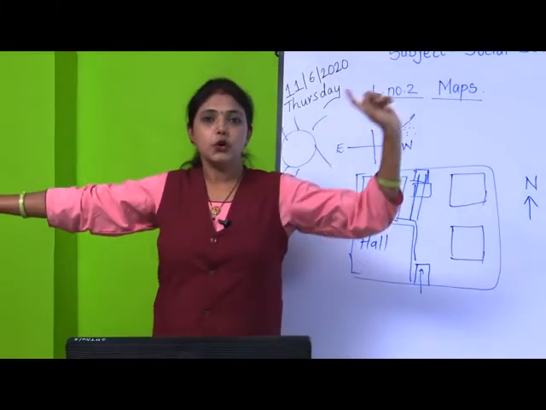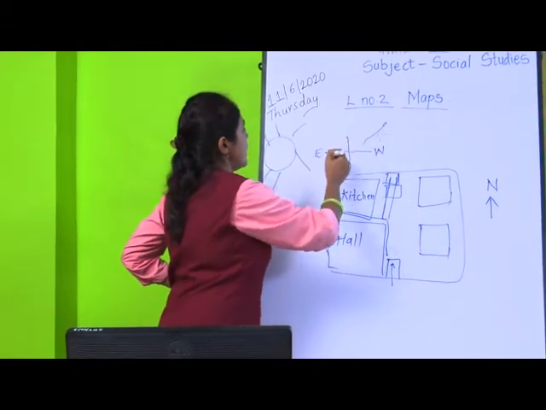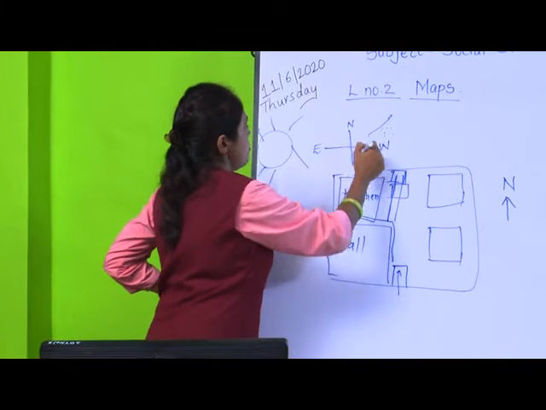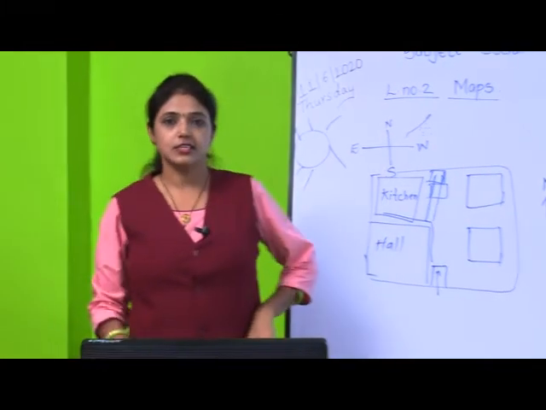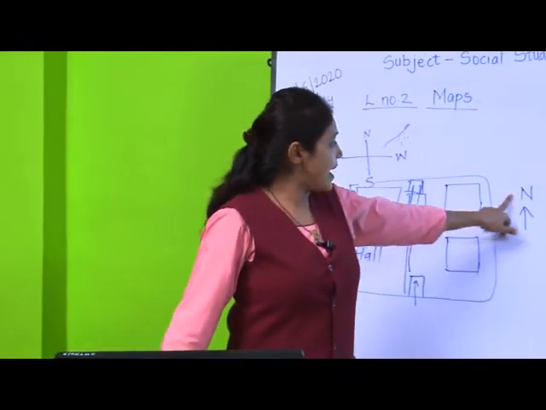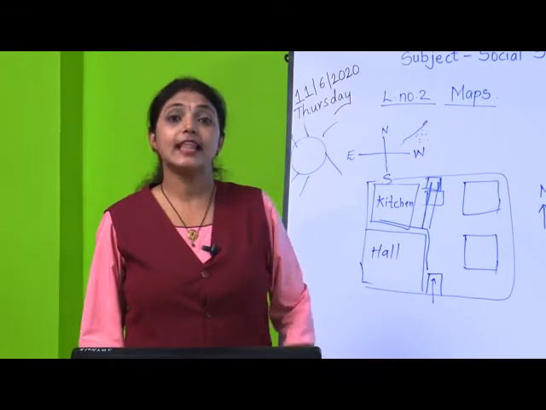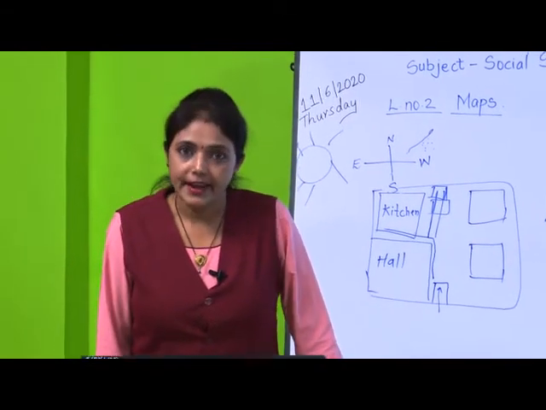This is east, west, north and south. So right hand will be east, then west, north and south. In all the maps they show that arrow pointing towards the top, that is the north direction.